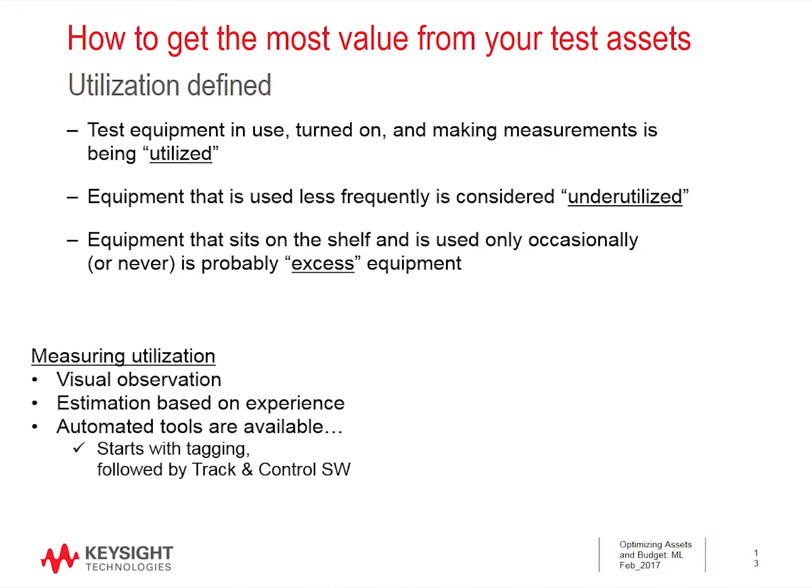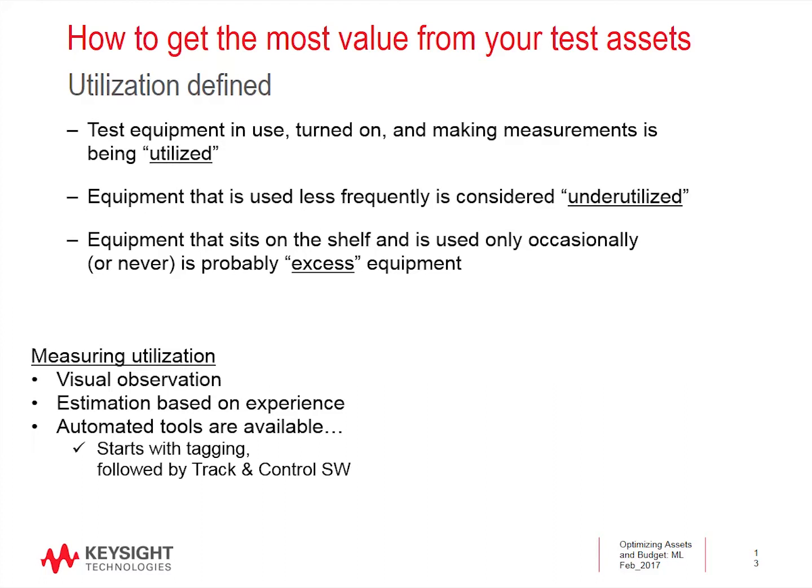Measuring utilization can be a little tricky, however. Some people take a look around the lab or production floor and make a visual observation to come up with the number. They count units that are on and that are being utilized versus others that are sitting idle, for instance. Others might just provide an estimate based on what they think it is.